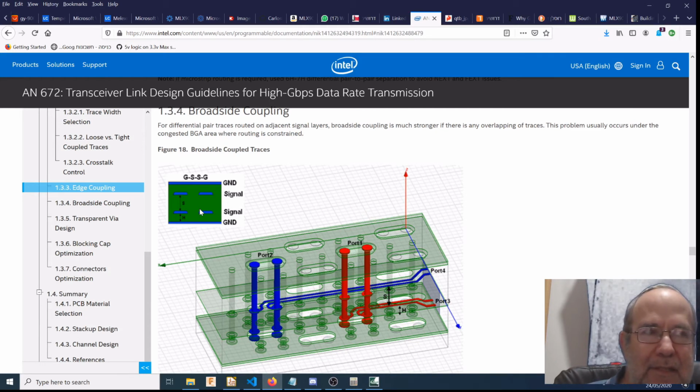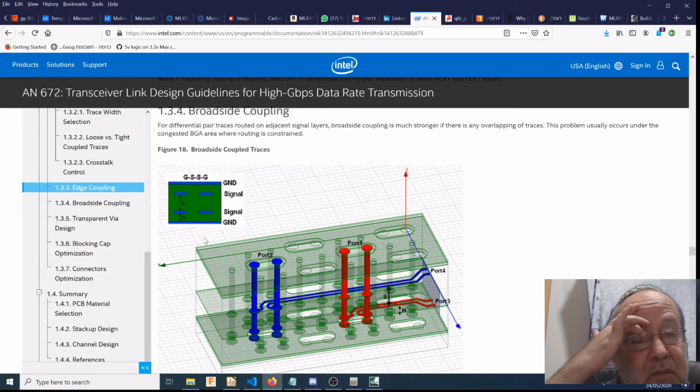In many cases, one can make this H smaller. By making H smaller, you are increasing your coupling to ground. By increasing your coupling to ground, you are reducing the effect of the next layer up.